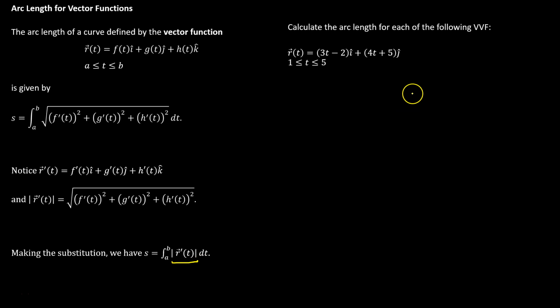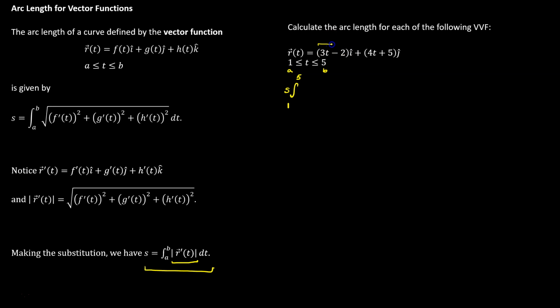Let's go ahead and try calculating one. So I have a 2D curve here, and I'm going to use this formula that we just talked about at the bottom of the screen. I'm calculating it between t equals 1 and t equals 5, so I'll use 1 for a, 5 for b. And now I need to find the derivative of each of my component functions.